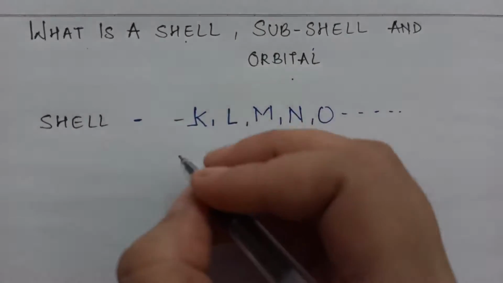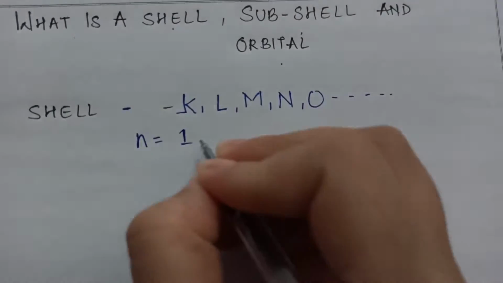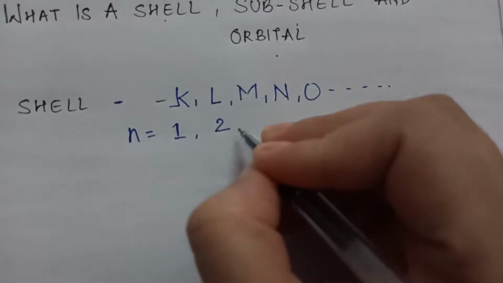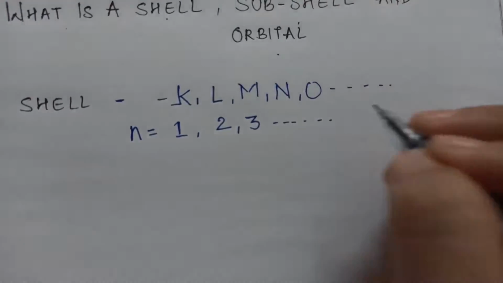And you already know the number of these shells is represented by an integer, like K corresponds to the first shell, L corresponds to the second, M corresponds to the third, and so on.